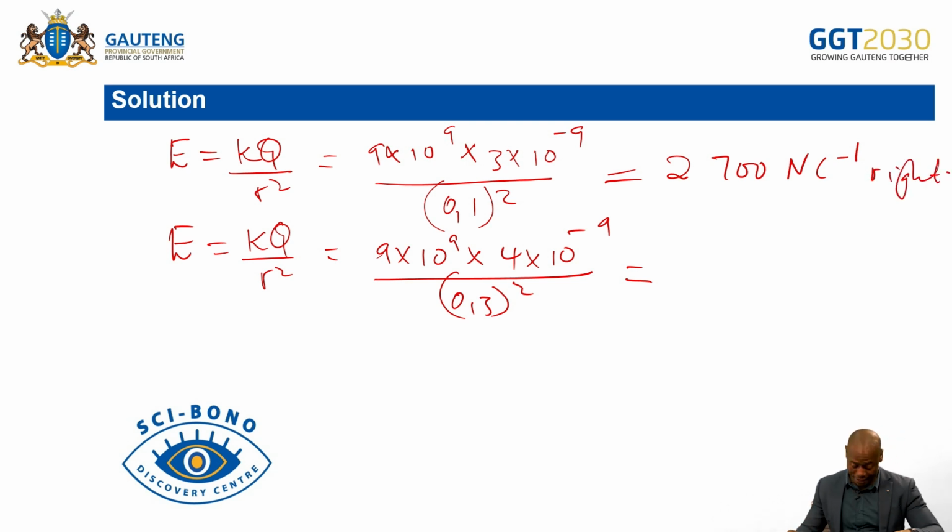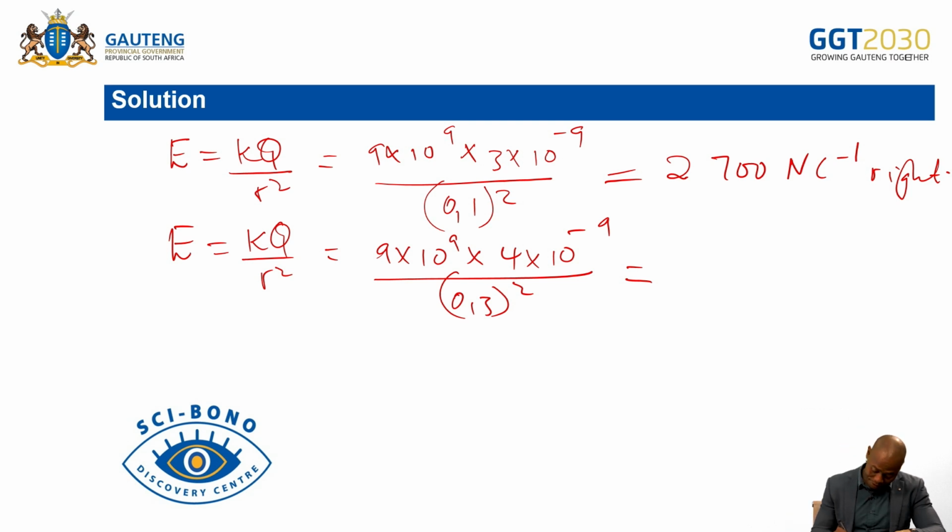Okay? Then 9 multiplied by 10 to the power 9 times 4 times 10 to the power negative 9. Divide that by 0.3 squared.